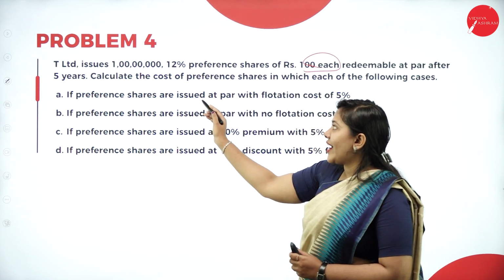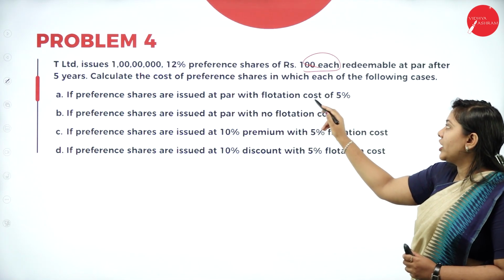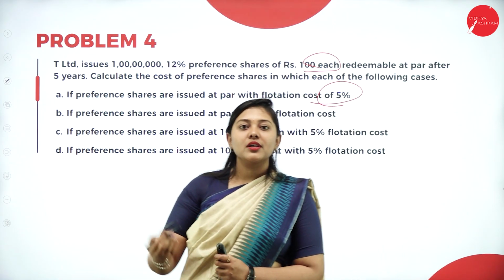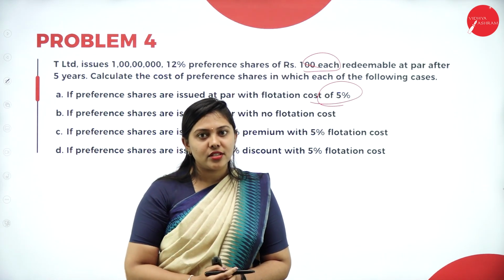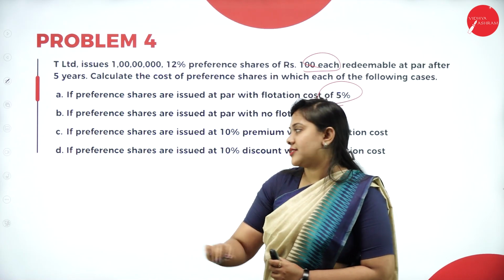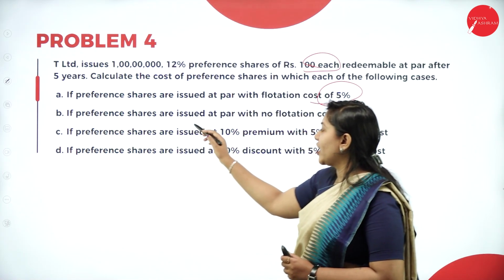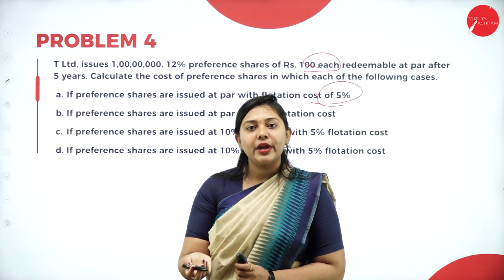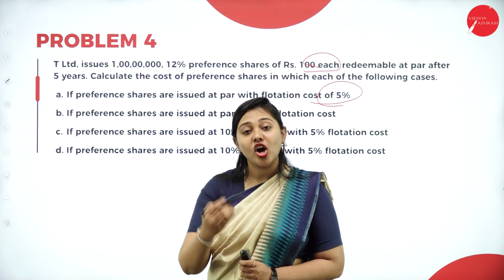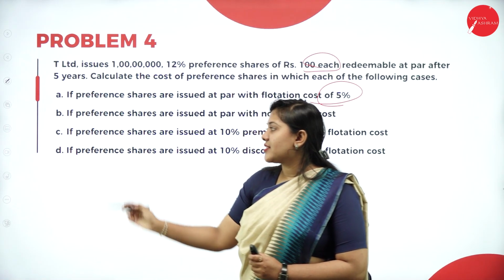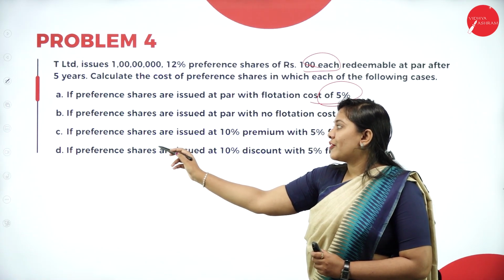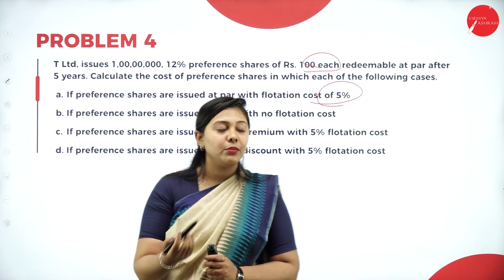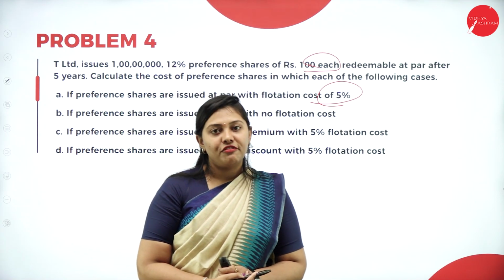If preference shares are issued at par with flotation cost 5%, redeemed at par, that is the first case. Next, if preference shares are issued at par with no flotation cost, redeemed at par, case number 2. Case number 3, if the preference shares are issued at 10% premium with flotation cost 5%.